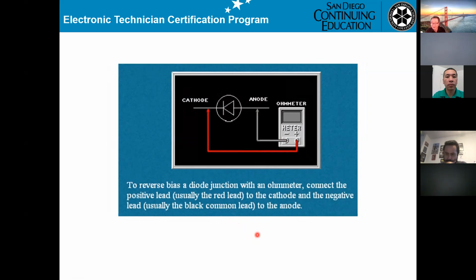However, if you're using a meter without the diode symbol, then you have to set it to measure ohms.